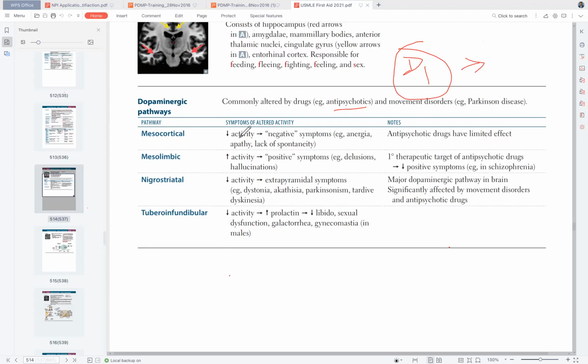Now, they have negative symptoms and they have positive symptoms. And these are the positive symptoms: delusions, hallucinations. Later on, we can see how we can diagnose this when we go to the back of the page. Also important, schizophrenia.